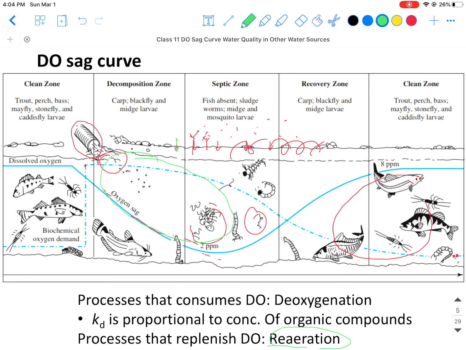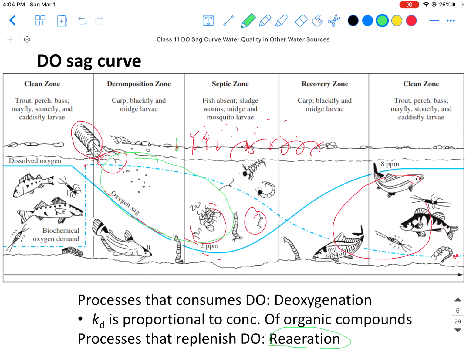Okay? So these two processes are basically competing for the dissolved oxygen concentration, and this is going to give us this curve here, and we call this the dissolved oxygen or the DO Sag curve. Okay.